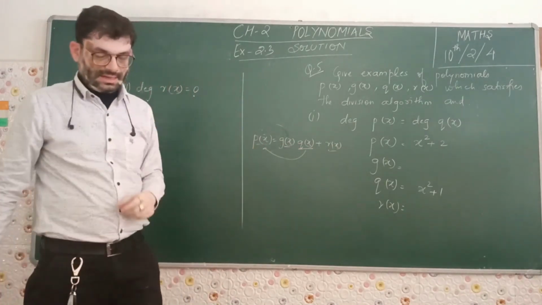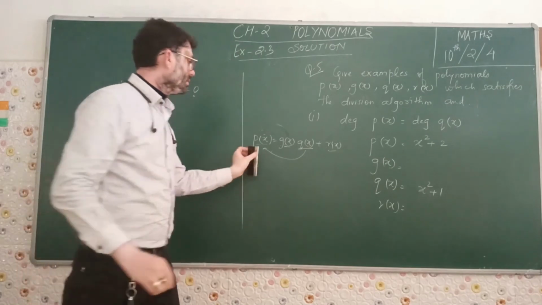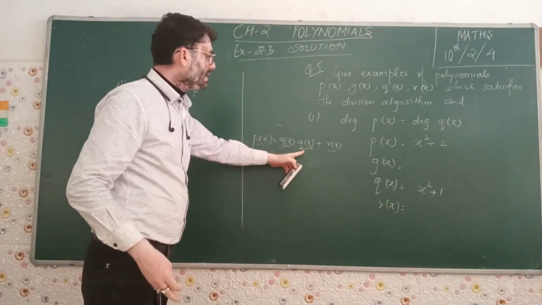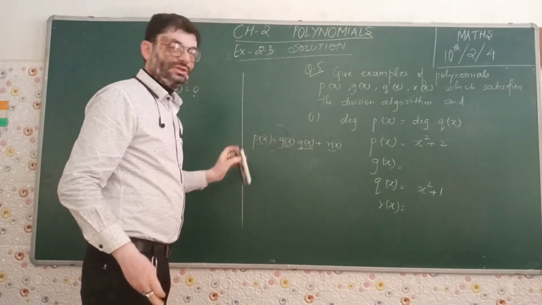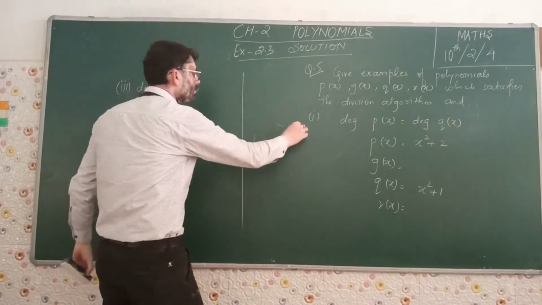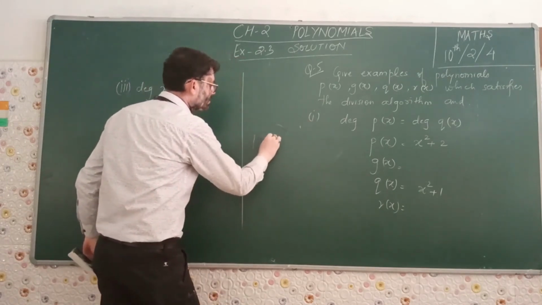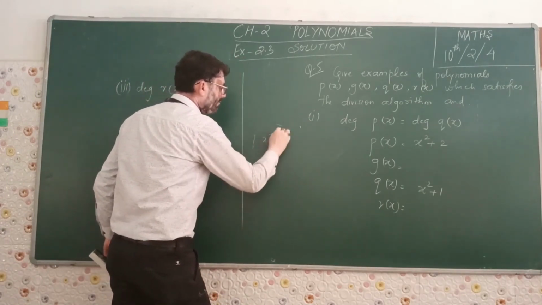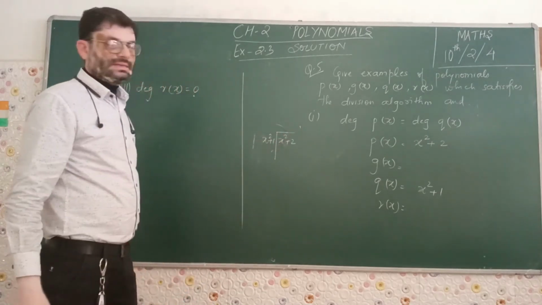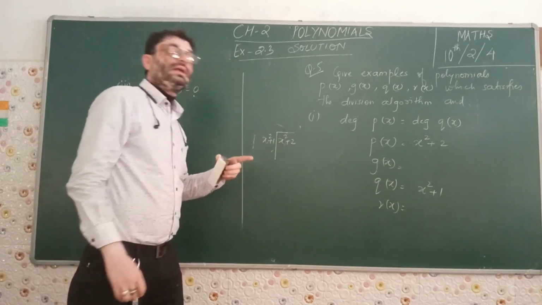The process is same if you observe it minutely or if you carry out the process. So let us divide p of x by q of x to get g of x and r of x. Let us perform it in the rough part only, that x square plus 1 divides x square plus 2, that is p of x is divided by x square plus 1.